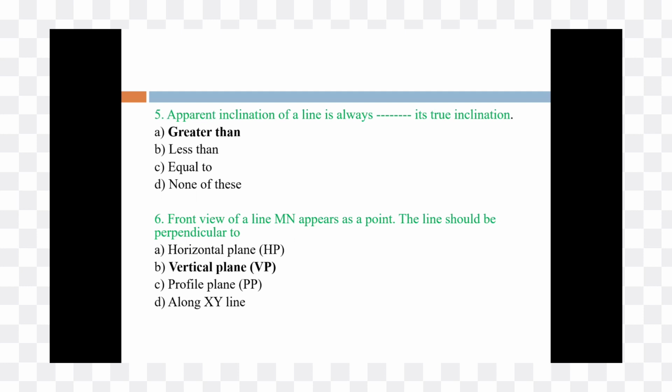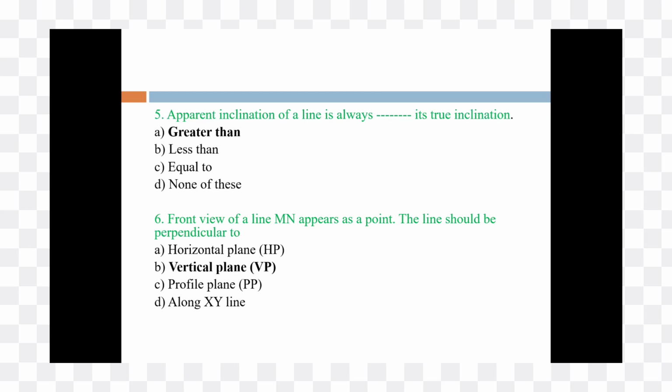Then the next one, question six: the front view of the line MN appears as a point. The line should be perpendicular to which plane? The options are horizontal plane, vertical plane, profile plane, and along the XY line.